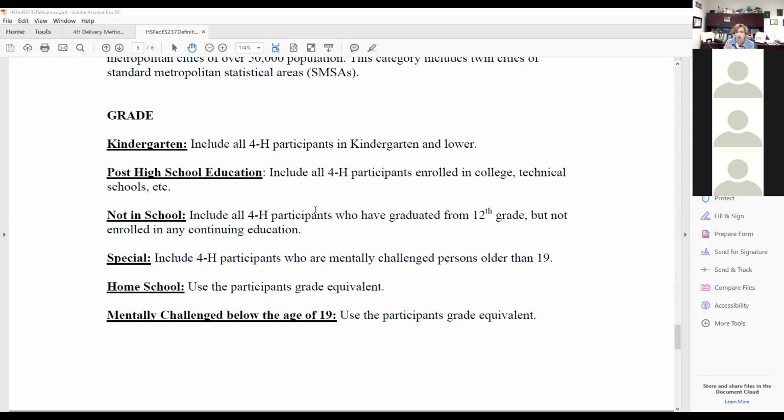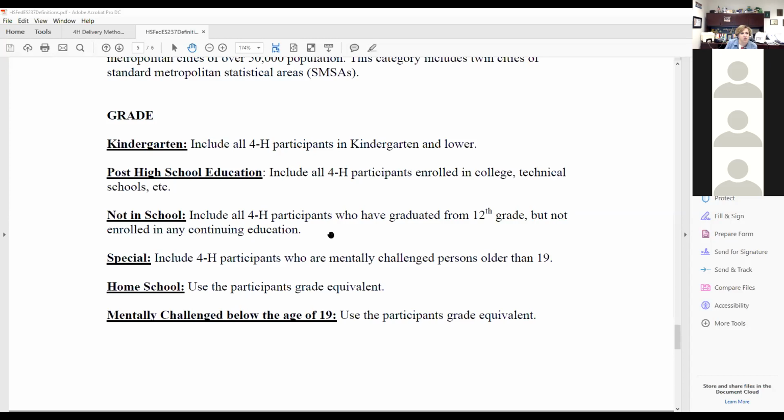Their birthday just falls so that they have that extra year where they may be in college instead of in high school. For those that are not in school, that should only be used for 4-Hers who have graduated from 12th grade, but they're not enrolled in any kind of post-secondary education or continuing education.